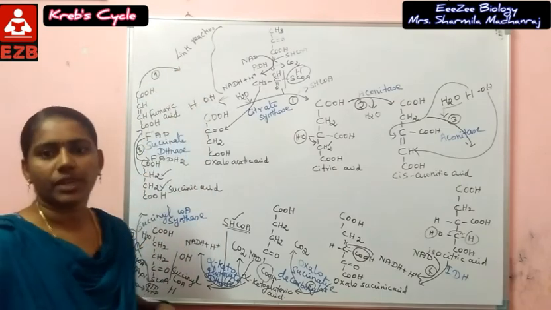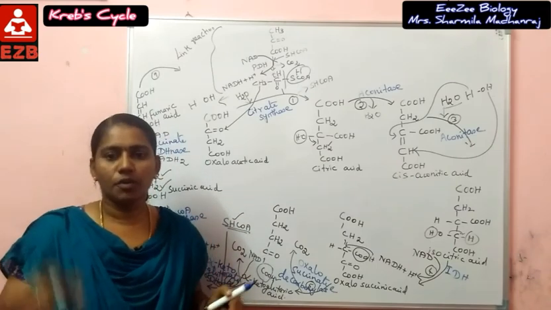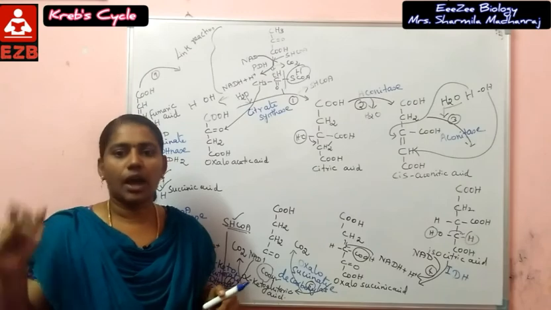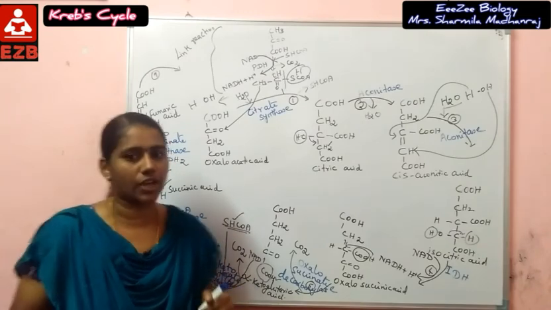In the ninth step, fumaric acid is converted to malic acid with the help of the fumarase enzyme. In this step, hydration takes place. So water molecules enter into this reaction.